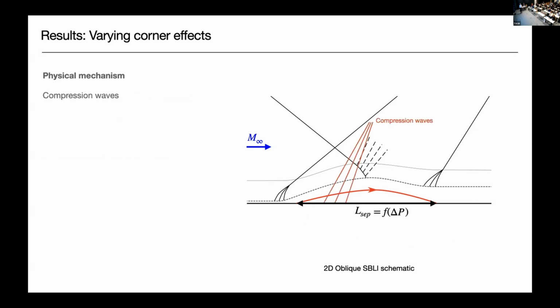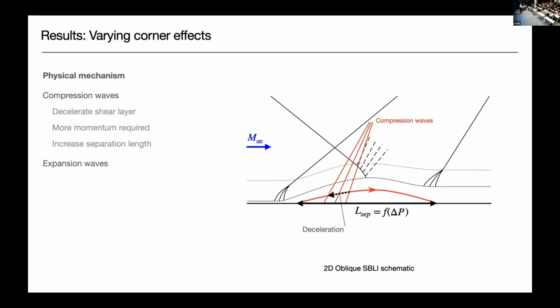When we have compression waves arriving over the interaction, well, those compression waves act to decelerate the shear layer. This means that more momentum is required in order to overcome that pressure rise through to reattachment. And this means that we need an increased separation length. Okay, and that's what we see.